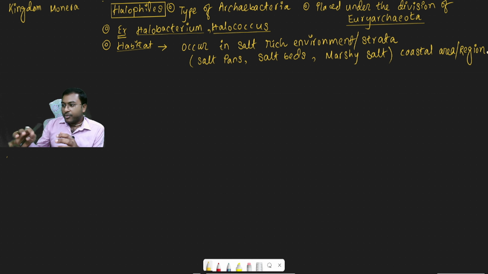This area must be arid land, and these strata contain a high amount of mineral and salt.